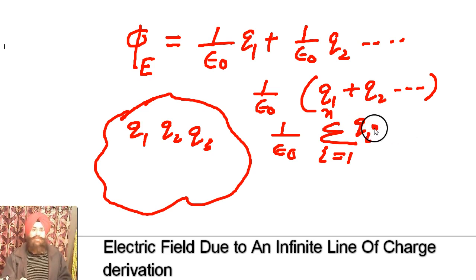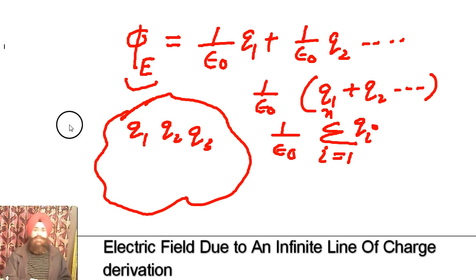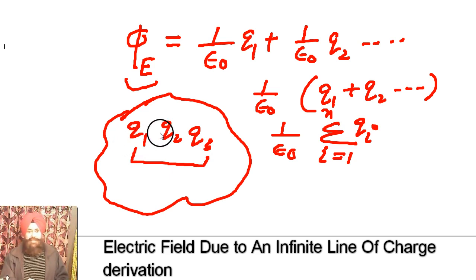So this will be the total flux if there are many point charges inside the surface. Then flux will be simply the algebraic sum. If one charge is positive, other charge is negative, then the minus sign is also taken into consideration. This is very important.